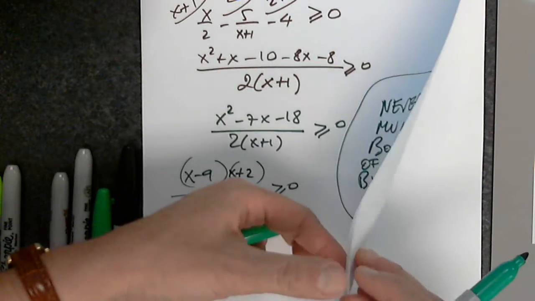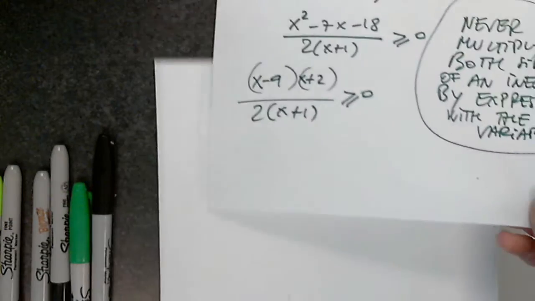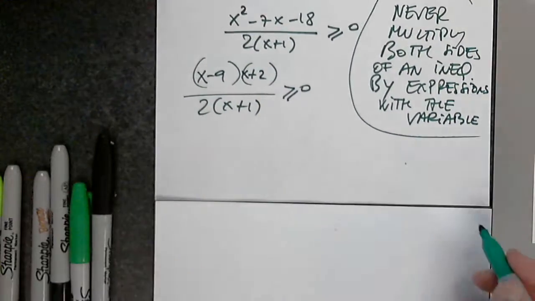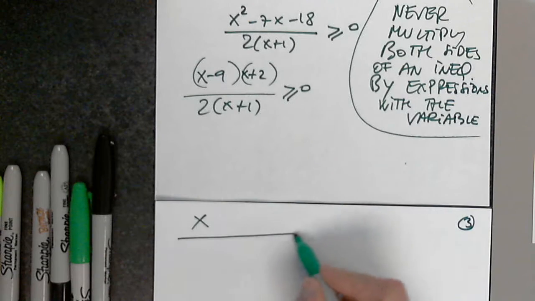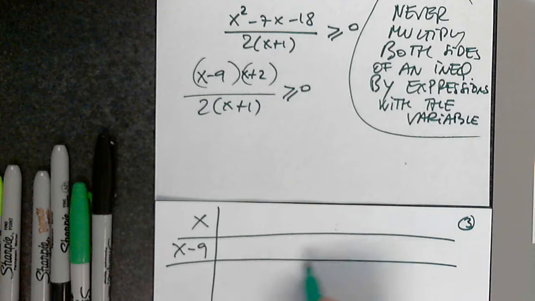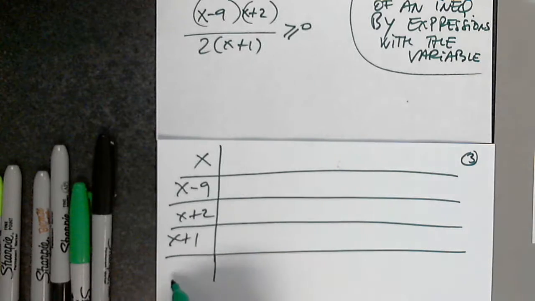Exactly. And I will not put in the chart 2, because 2 will not change anything. So in the chart, I have x at the top, and I have 3 factors: x minus 9, x plus 2, x plus 1, and at the end I don't have enough room, so I'm going to say the ratio, the whole thing.